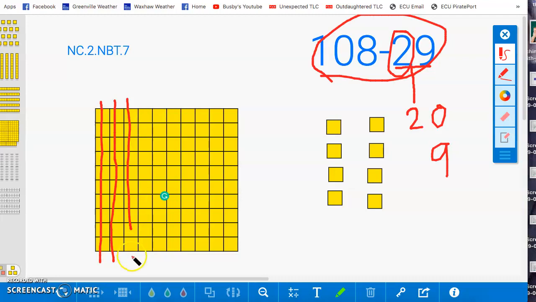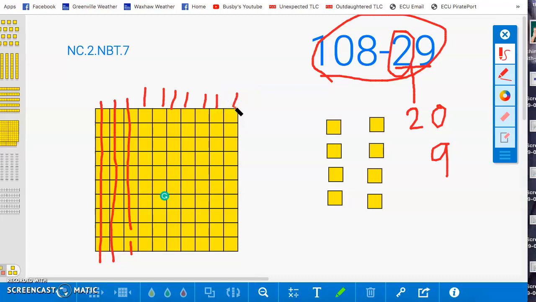Now we are going to count all of the cubes that we have left to get our answer. There's 1 down here, and then we're going to count by tens: 10, 20, 30, 40, 50, 60, 70.